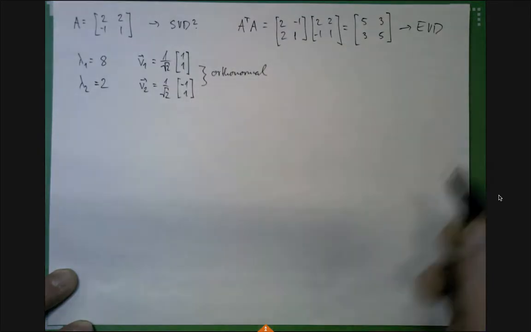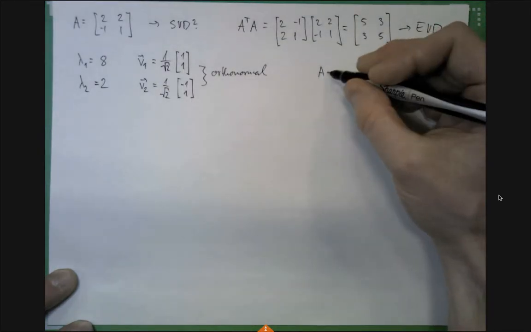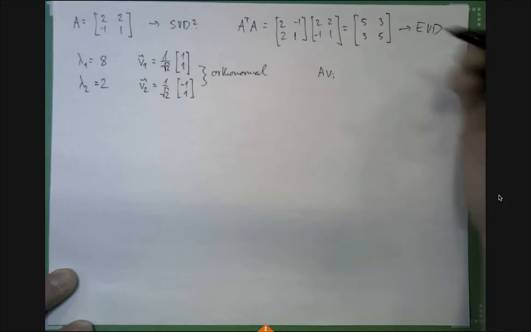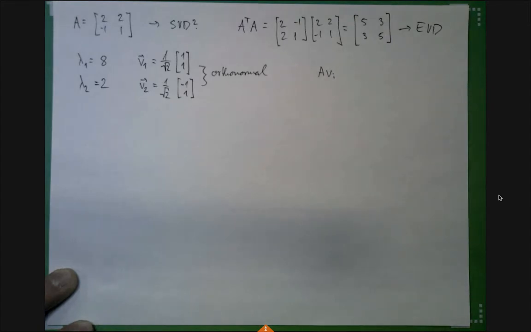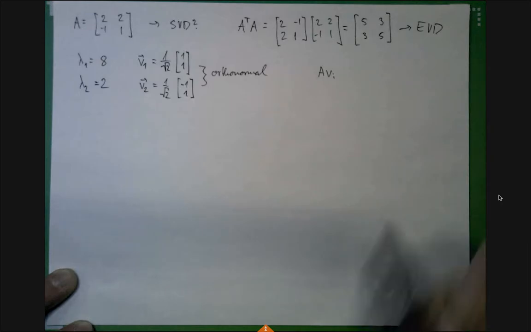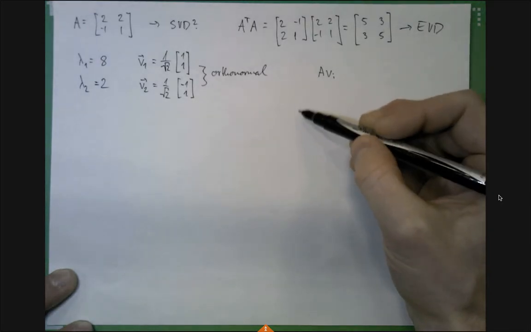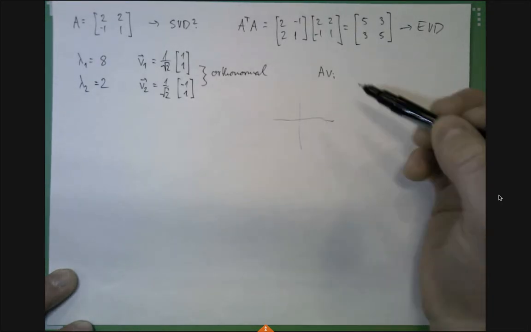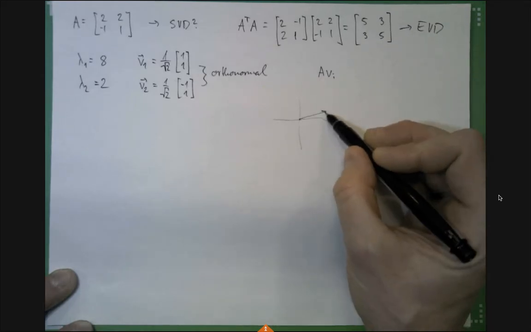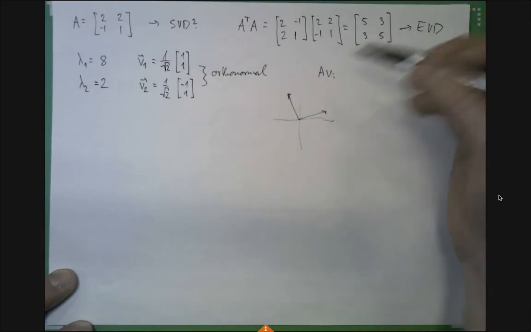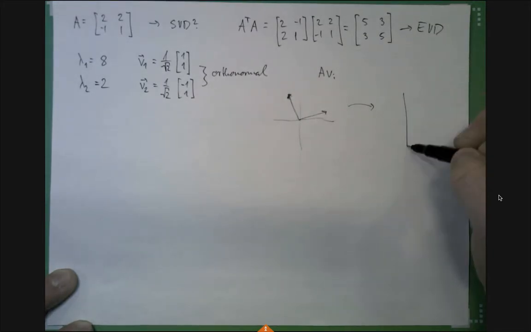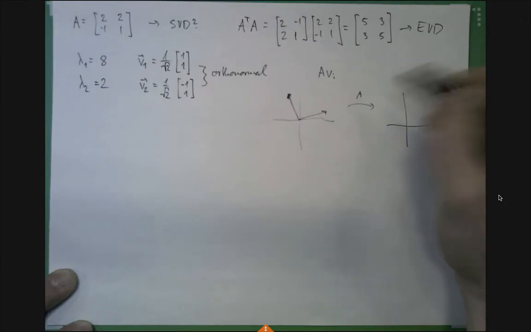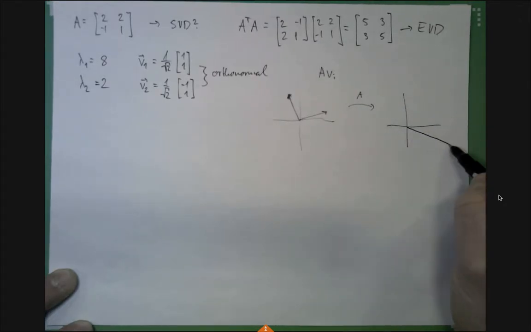To compute the left ones, we need to compute A v_i. Because if you remember the picture in 2D that I ended with on Wednesday, geometrically what you are doing is finding an orthonormal basis in the source space, in this case both are R2, which maps by the mapping A onto another orthogonal basis.